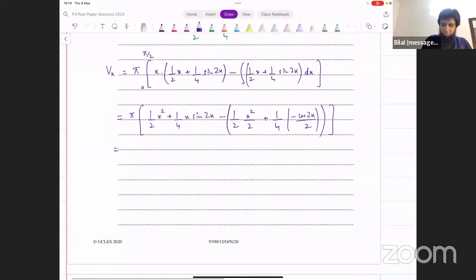Okay, now let's simplify this further. It becomes 1 over 2x squared plus 1 over 4 into x into sine of 2x minus 1 over 4. Now integration is done, right? 1 minus 1 over 4x squared. And then minus, that becomes plus 1 over 8 into cos of 2x.